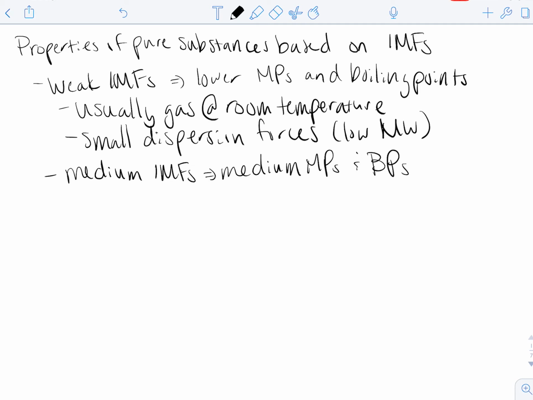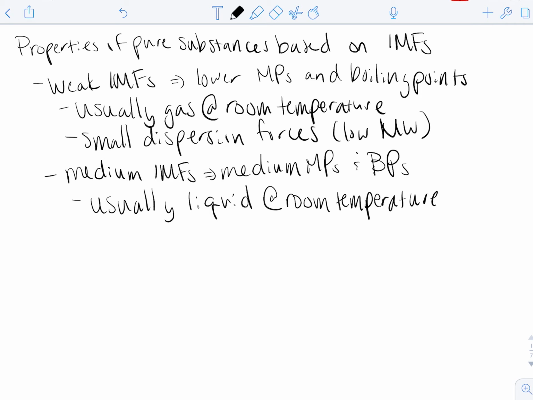So these are usually liquid at room temperature. And these are things that have medium dispersion forces, or they're going to have dipole-dipole interactions.